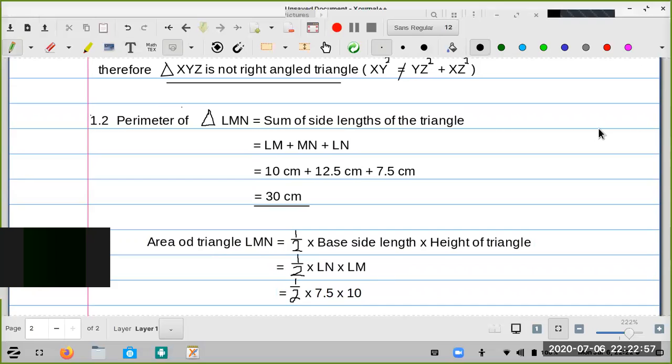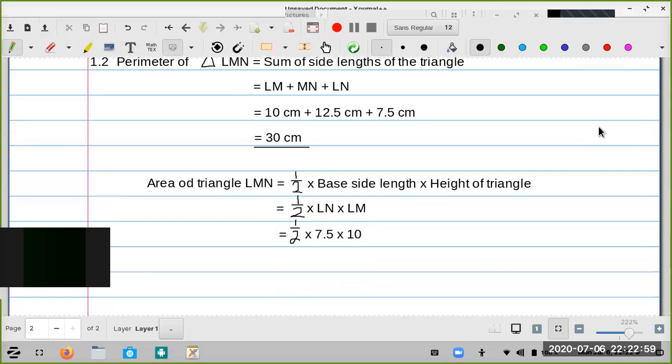Right, remember it's 7.5 centimeters times 10 centimeters, so we are multiplying centimeters twice. So half times 7.5 times 10, we are going to come up with what?